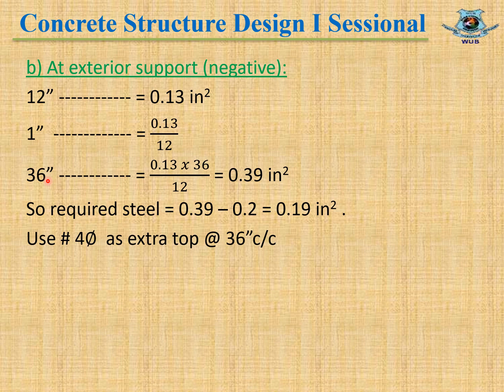Mid span spacing equal to 18 inch. So required steel equal to 0.39 minus 0.2 equal to 0.19 inch square. In between two crank bars, one straight bar is provided. So this area of one number 4, that means 0.2 inch square, is deducted from this area. Use number 4 bar as extra top at the rate of 36 inch center to center.